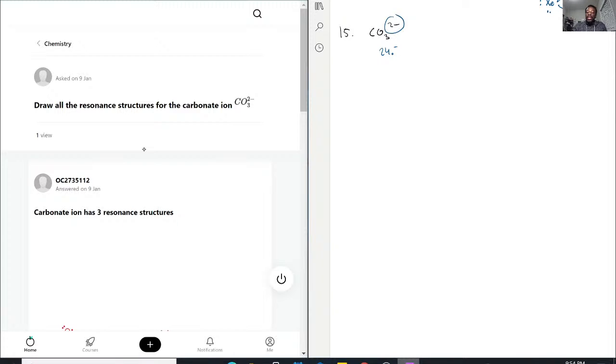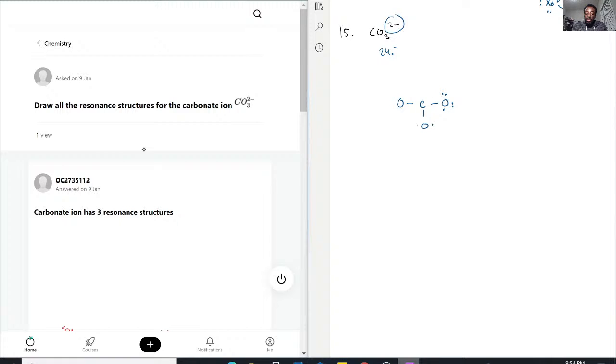So with that being said, we're going to put carbon right in the middle, and we're going to now add the oxygens. And now we're going to try to fill in the rest of the valence electrons based on what it has left. Oxygen right now is sharing 1 of its 6, so 2, 3, 4, 5, 6.